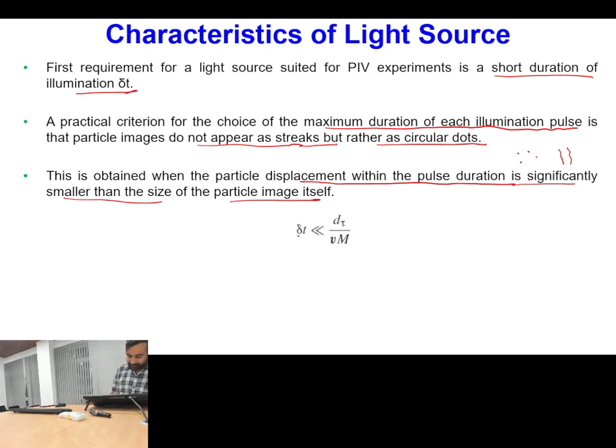Typically, V times delta t divided by M should be less than d tau, where d tau is the size of the particle, V is velocity, and M is the magnification factor. So velocity times delta t represents the distance traveled by the particle, and this should be smaller in comparison to the size of the particle between two pulses. Is this one clear?